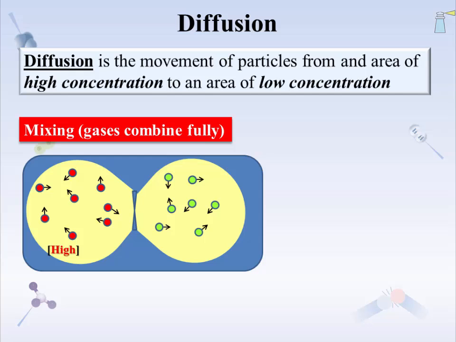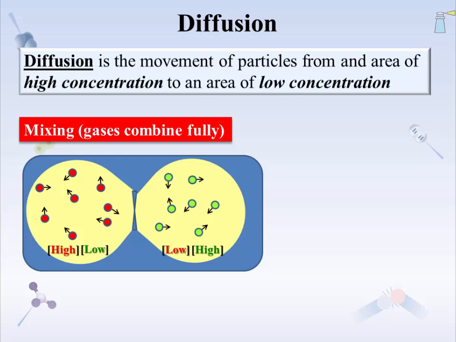The container on the left has a high concentration of red sphere gas particles. The container on the right has no red sphere particles, so its concentration is low, or actually zero. Conversely, the container on the left has no green sphere particles, so it has a low or zero concentration of the green sphere gas. But the container on the right has a high concentration of the green sphere particles.